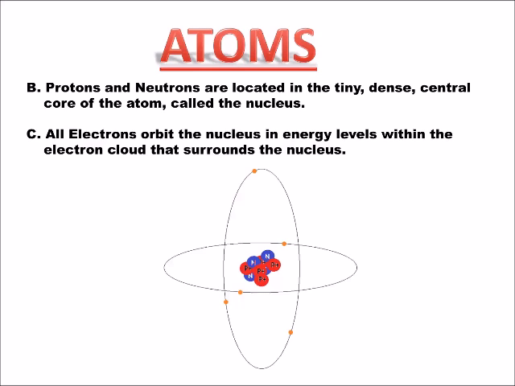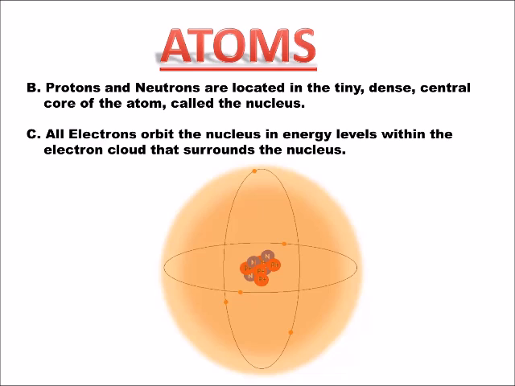Those electrons are moving so fast that if you could actually see the atom, they would appear as a blur that surrounded the atom, and they would create what's called an electron cloud. So here I'm showing you the electron cloud. So here is our model of the atom.